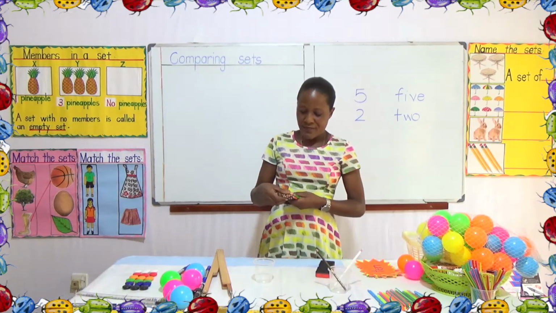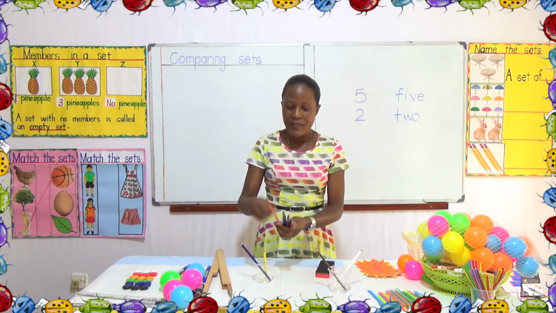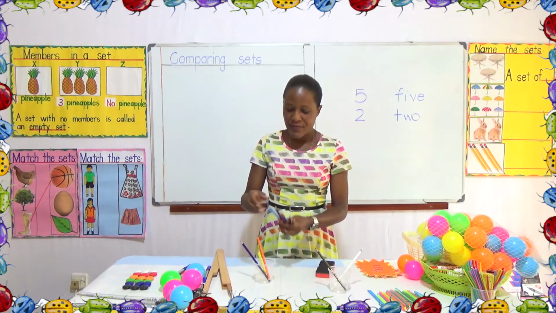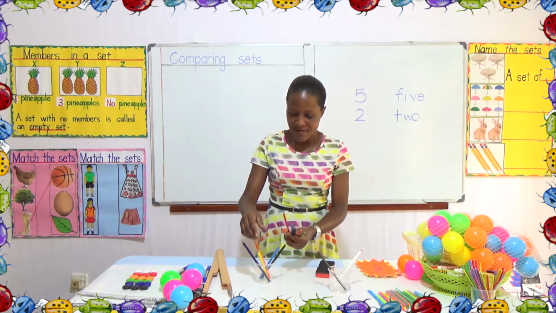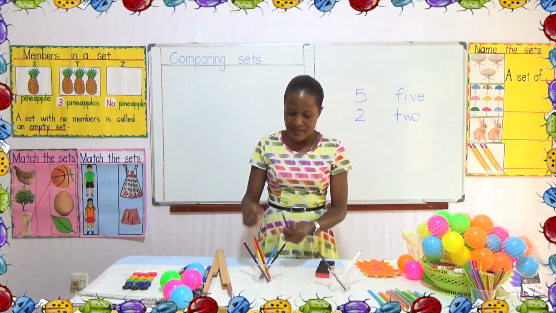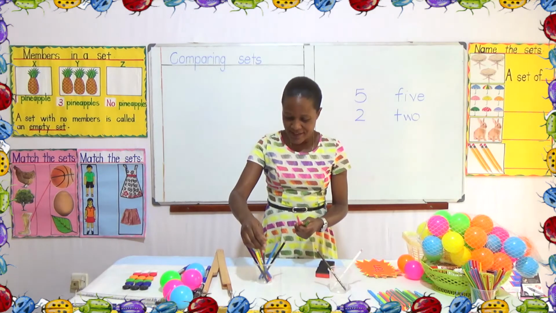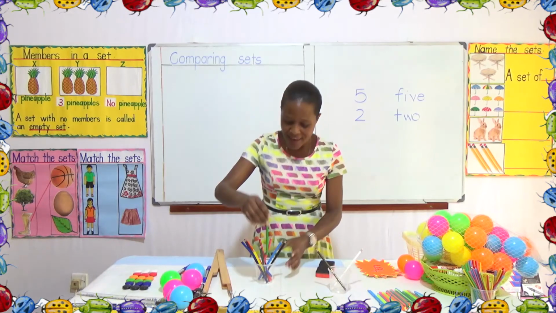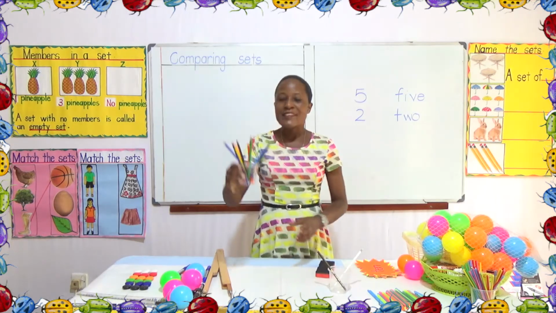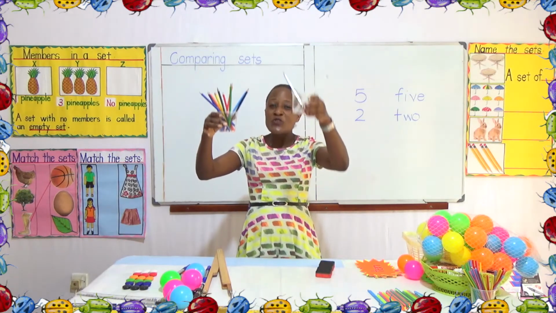Count with me. 1, 2, 3, 4, 5, 6, 7, 8, 9, and 10. This one has 10 colored pencils, and this one has 2.